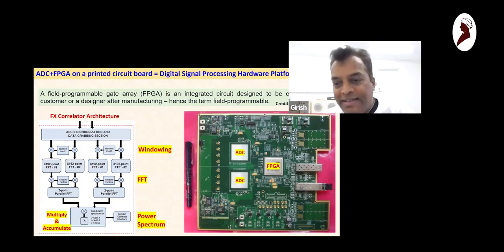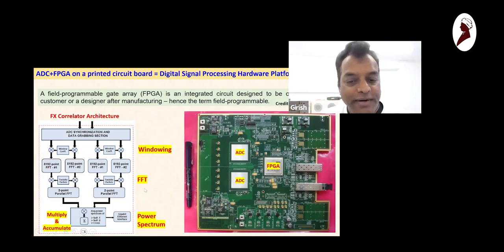So when you put ADCs and FPGA together on a printed circuit board, we produce what is called a digital signal processing hardware platform. So this is one platform consisting of two ADCs and one Virtex 6 FPGA from Xilinx, which we put together. This was designed and developed at RRI. It's called PSPEC. So the A to D data coming from the ADCs after digitization is grabbed by the firmware inside the FPGA, what you see here in this block.